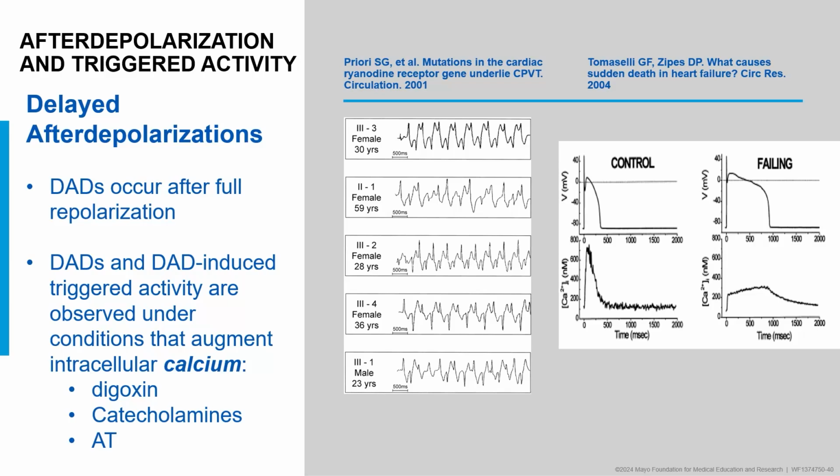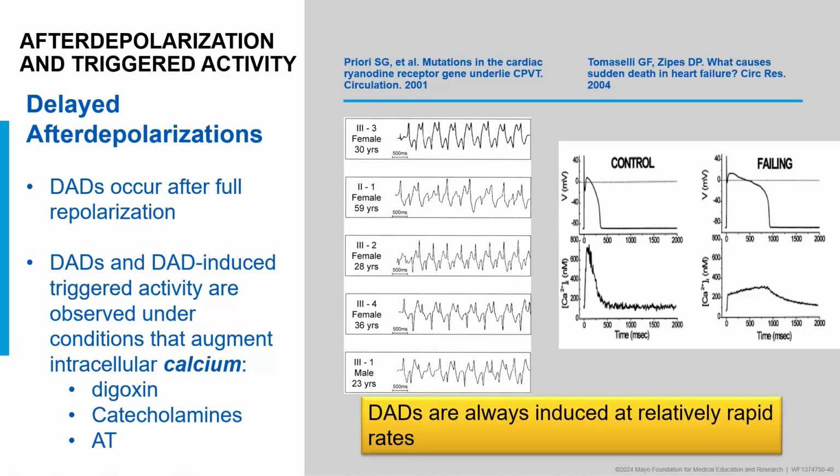So you can see some bidirectional VT here with CPVT. And so how do you load the cells with calcium? How do you make this more likely to happen with CPVT, with dig toxicity, with outflow tract VT? You stimulate the cells to increase their heart rate.